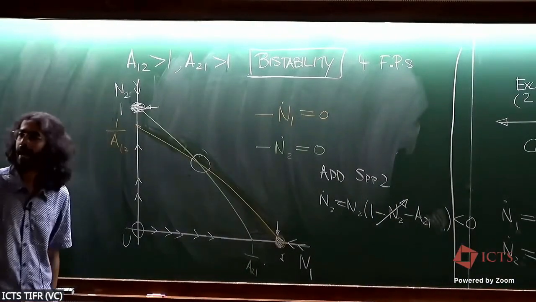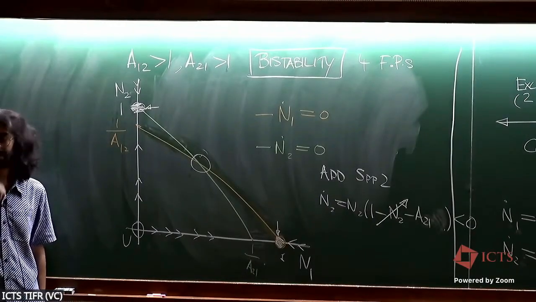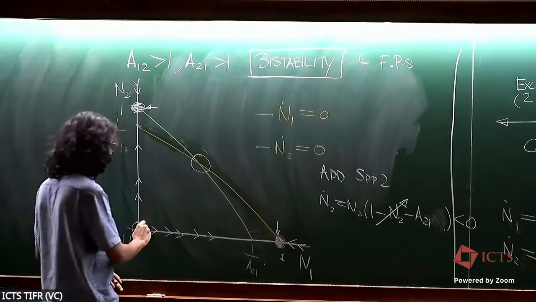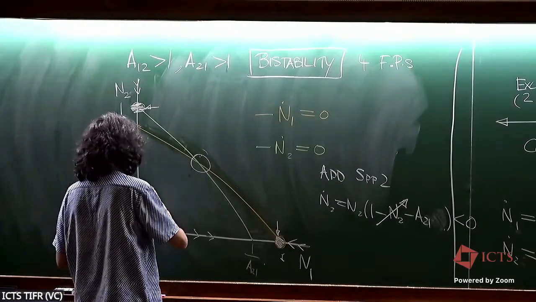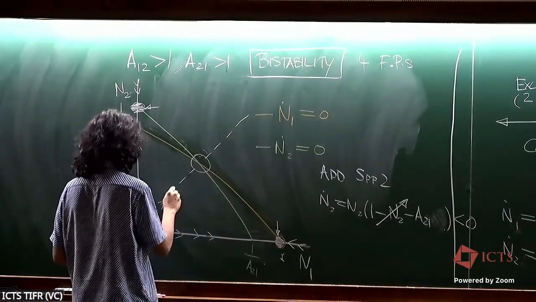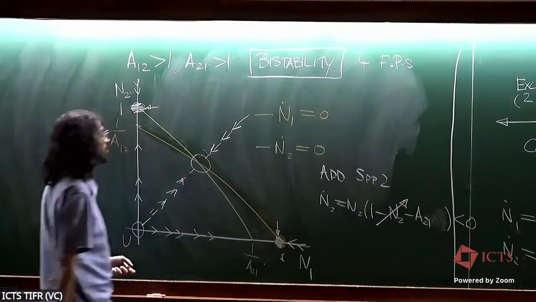And what is a saddle typically? Do people know what a saddle is? There's one direction that's stable, and indeed you can work it out that it will be this direction. So this is actually going to be a stable direction.